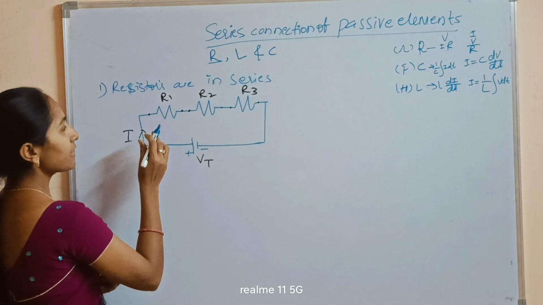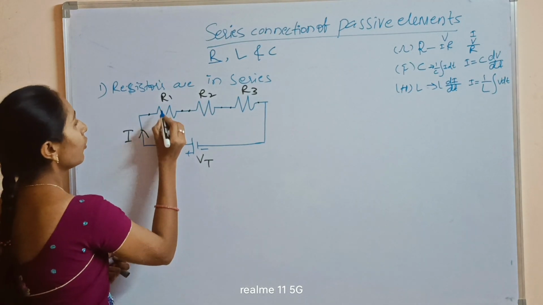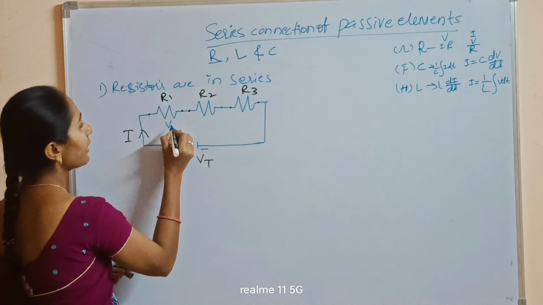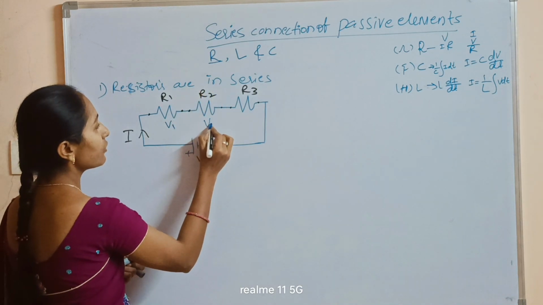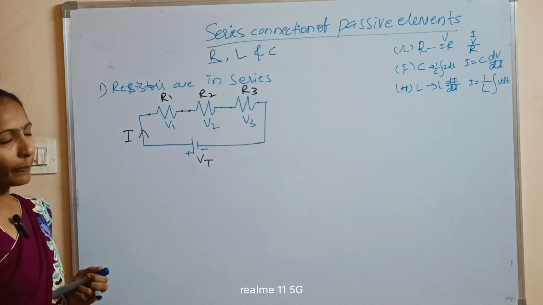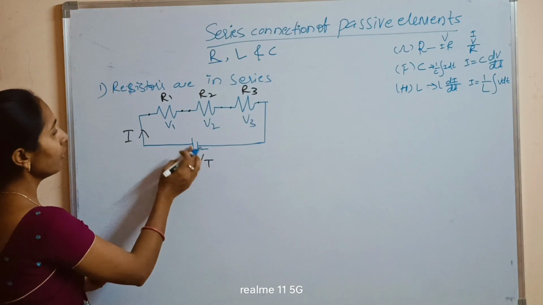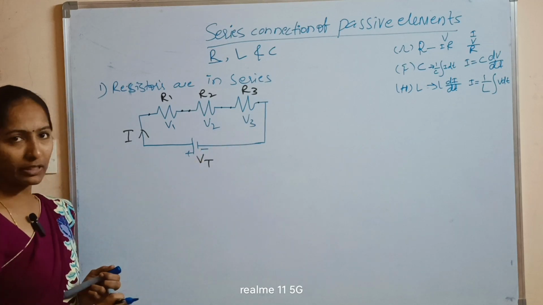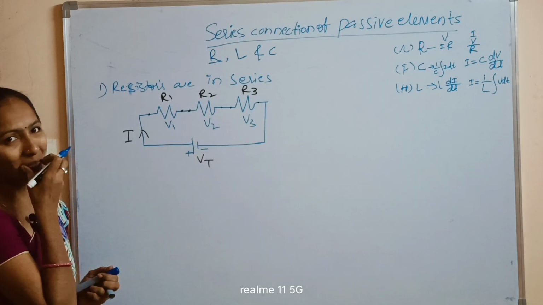Because voltage is nothing but the potential difference between any two points. So the voltage across resistor 1 is V1, across resistor 2 is V2, across resistor 3 is V3. The total voltage Vt is the sum of the individual voltages.